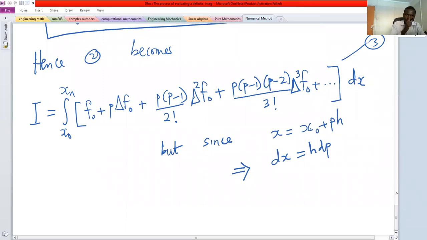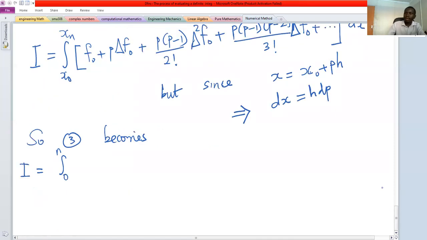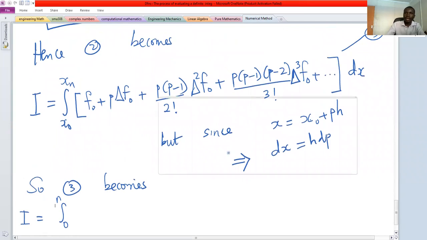So that I becomes equal to the integral, now remember, x naught to xn is the same as 0 to n. And so we'll have this dx replaced by h dp.